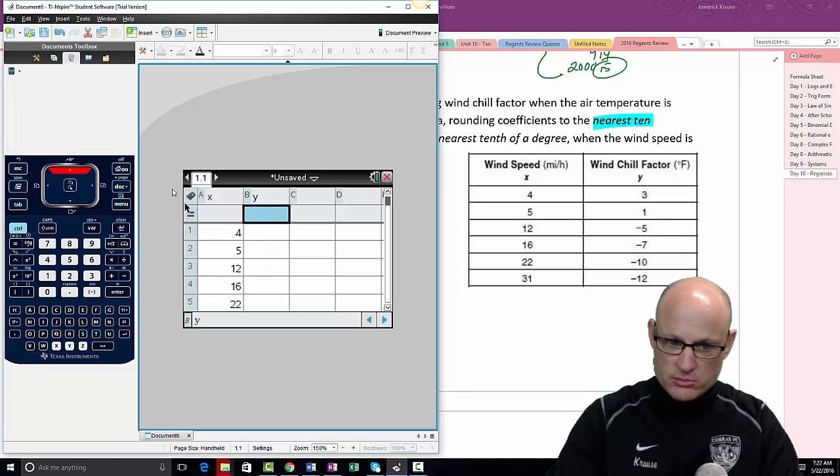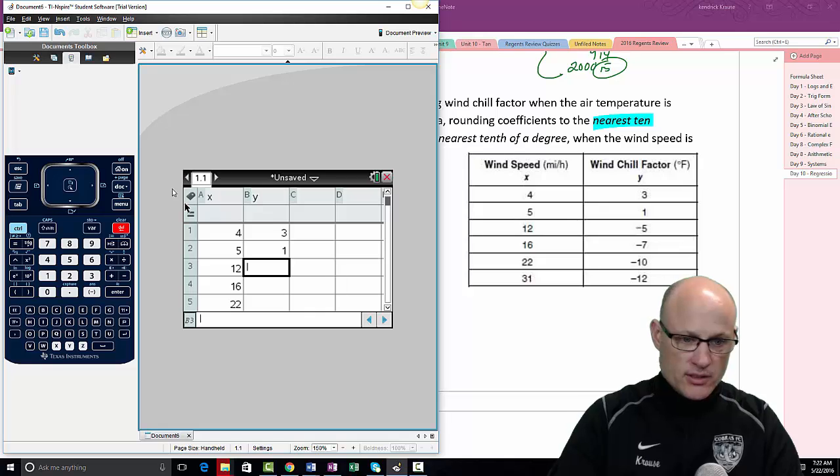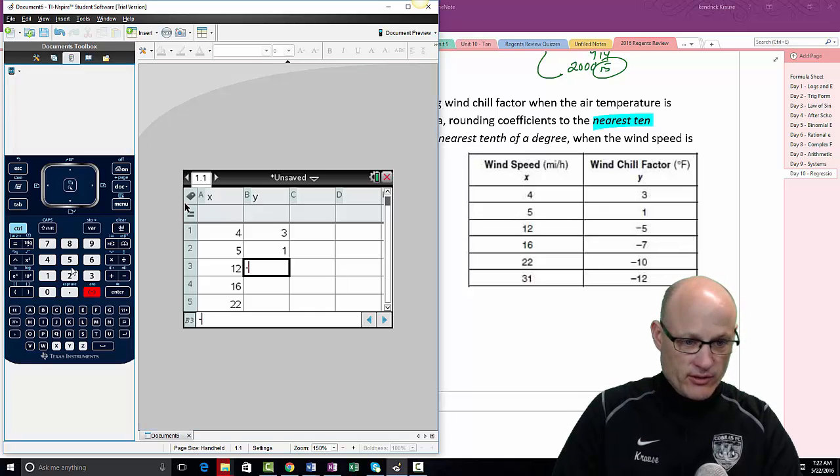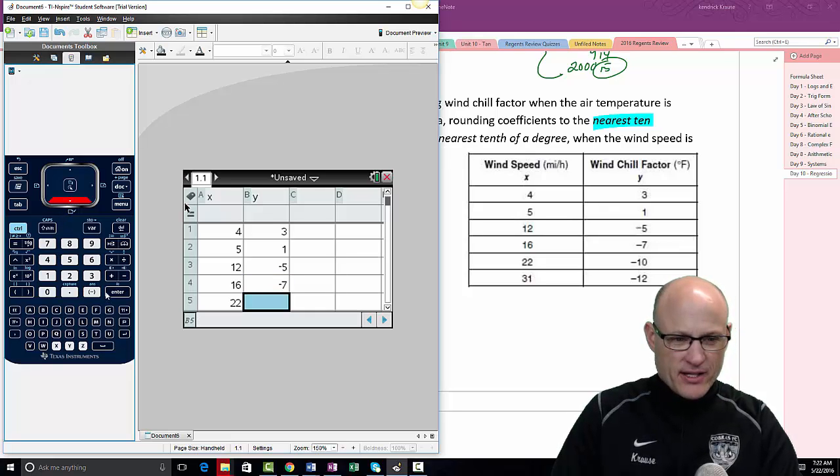Boom, boom, boom, boom, boom, boom. 3, 1, negative. Oops. A negative 5 is going to be hard to put in. I got to put that in over here. Negative 5. Negative 7. If you use the keypad, I think it's going to be a little bit messed up. Negative 10. And negative 12.